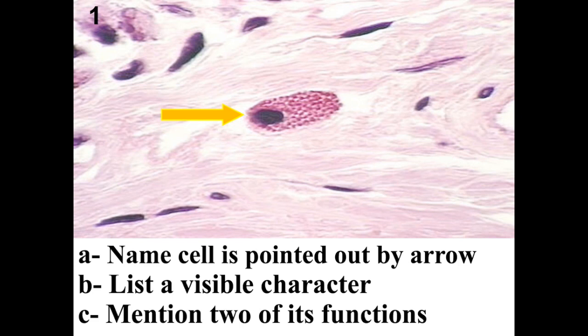Also, we can say that it is a large oval cell full of granules with a dark nucleus. Mention two of its functions: the production of histamine, heparin, eosinophil chemotactic factor, and leukotrienes.